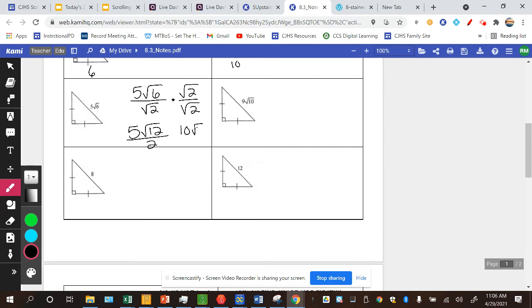Square root 3 over 2. And we can still simplify after that. You guys didn't remember the shortcut. So then what does it come out to be? Good. 5 square root 3.